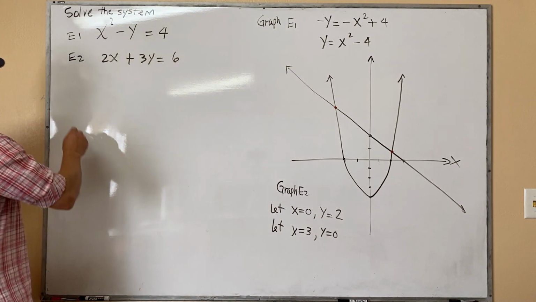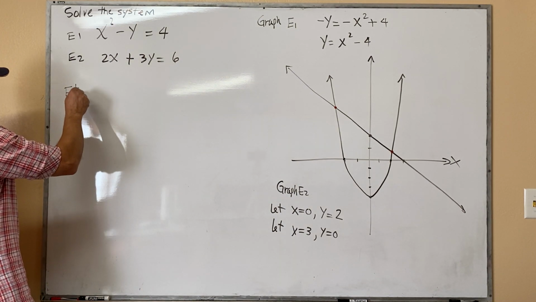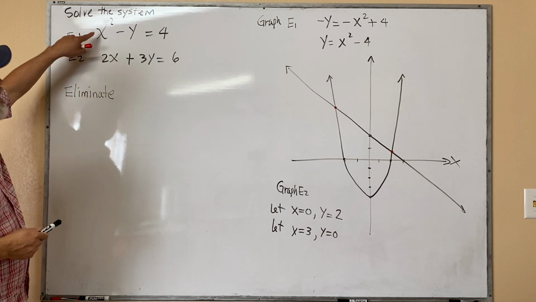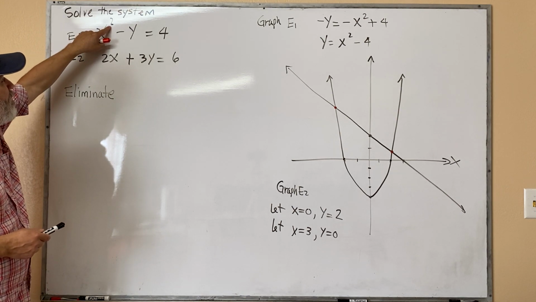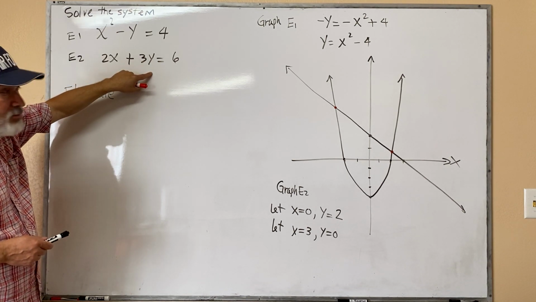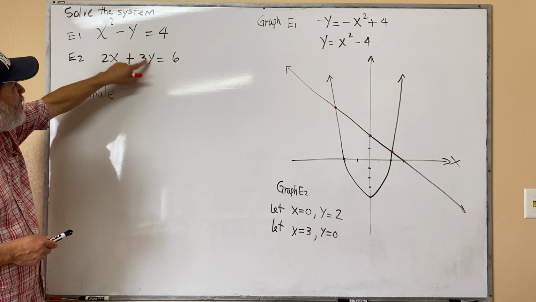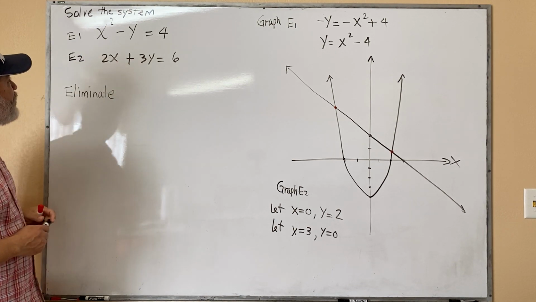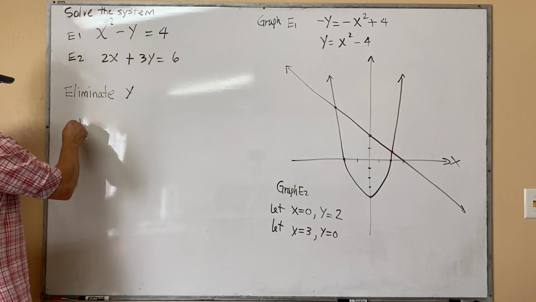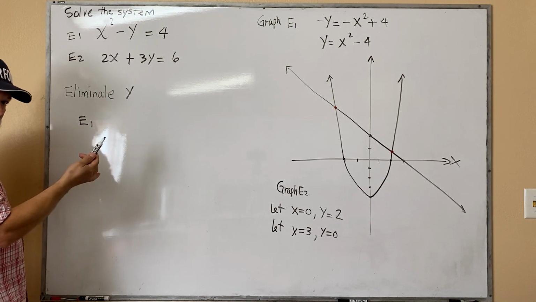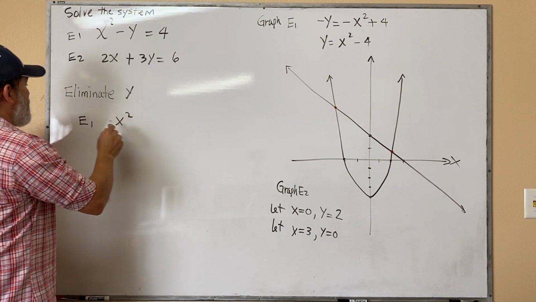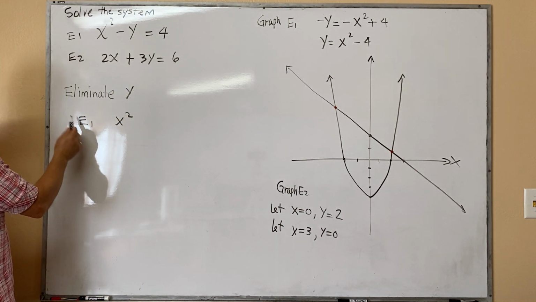If you want to do the elimination, you're not going to be able to eliminate x because x is squared and this x is to the first. But you can eliminate y. Look. How do you eliminate y? Make this positive 3. So multiply equation 1 by 3.